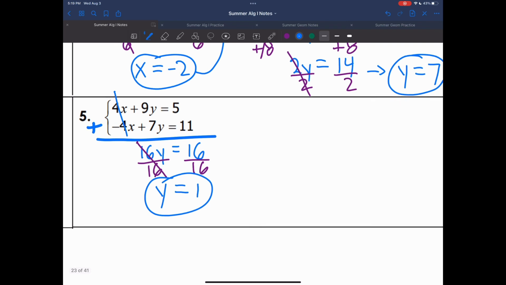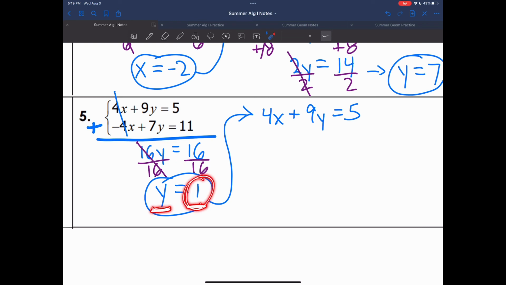Okay, let's substitute that back in or plug it in if you have that written on your notes so we can find our other variable. I will just pick the top equation again. So we've got 4x plus 9y equals 5. My y variable equals 1, so that means 1 is going to go in place of y, specifically right there.